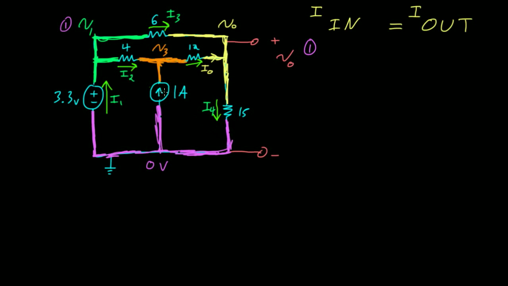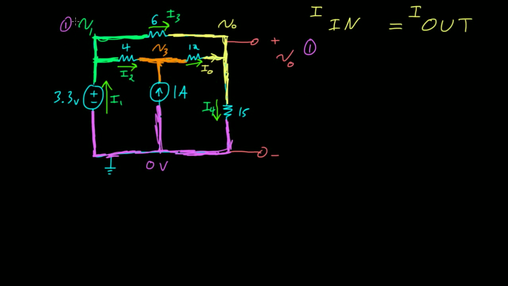I don't have to call the current that flows through that current source anything because it's already known. I could call it I5 if I wanted to, but then I5 would just be equal to 1 amp. So in my equations, I'm just going to write that as 1 amp.